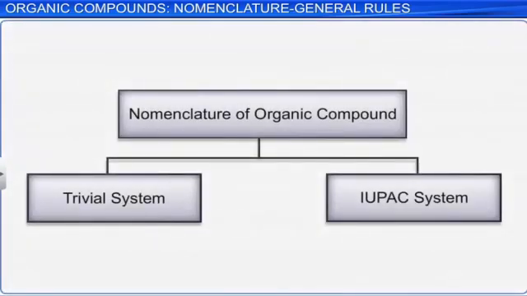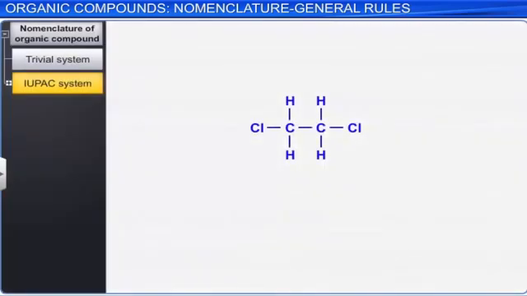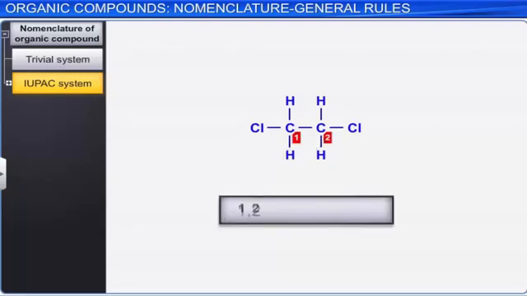Thus, in 1947, the IUPAC, that is the International Union of Pure and Applied Chemistry, system of naming compounds was first developed. The IUPAC system of nomenclature is a set of logical rules devised and used by chemists in which the name of a compound correlates to its molecular structure, thus making it intuitive for a person to deduce the structure from the name.